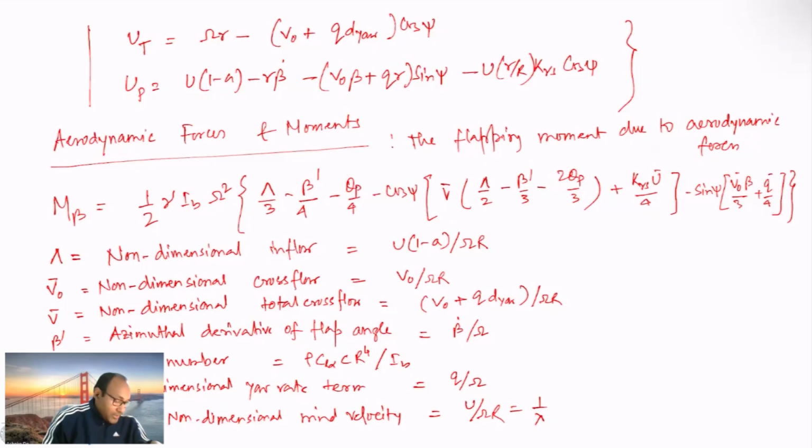Here all these terms involve non-dimensional inflow. Everything has been non-dimensionalized based on the tangential component, r omega, or in terms of omega. All of these parameters are clearly defined here: non-dimensional inflow, non-dimensional cross flow, total cross flow, flap angle, Lock number, yaw rate term, non-dimensional wind velocity.